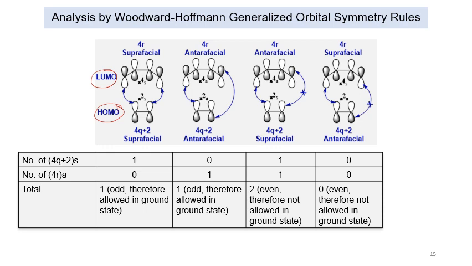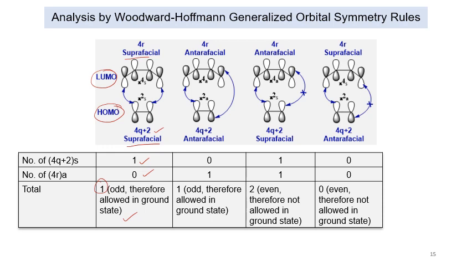In the first case, if it's suprafacial, then we can see here that the 4q plus 2 for the suprafacial is 1, whereas for the antarafacial the 4r is 0. Therefore, the total is 1 and therefore this process is allowed in the ground state.